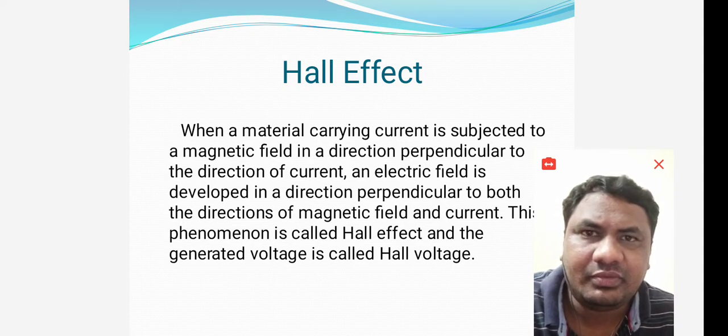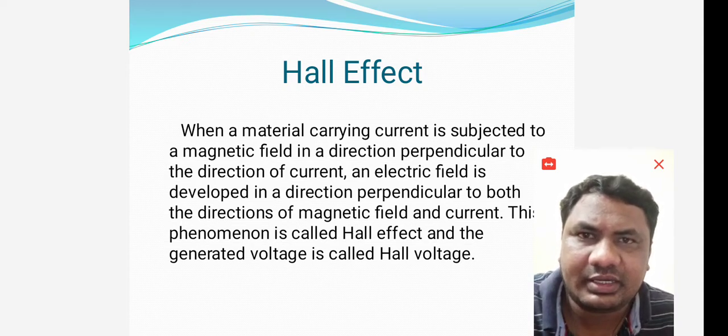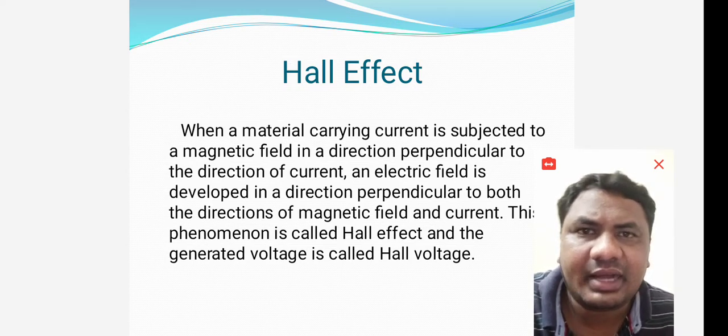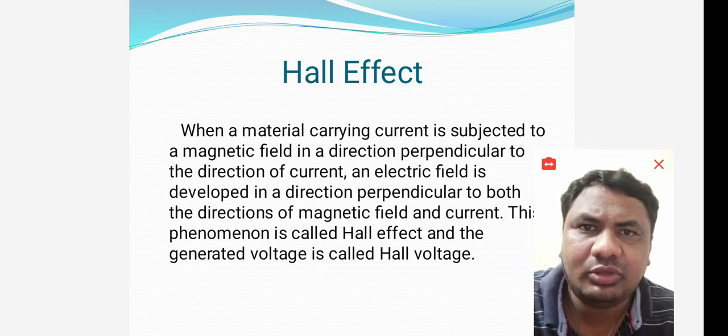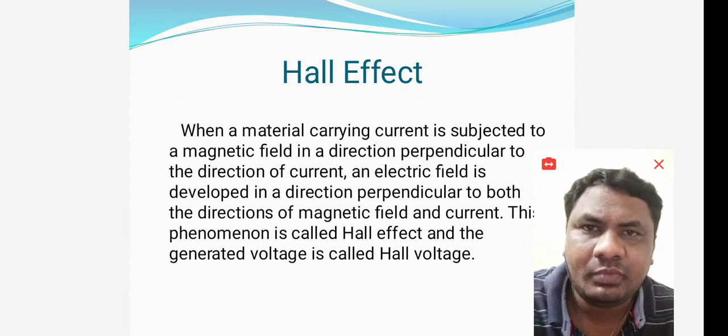It means when we take a semiconductor device and keep that semiconductor in a magnetic field that is perpendicular to the current direction, the magnetic field direction and current direction are both perpendicular to each other. Then what happens?